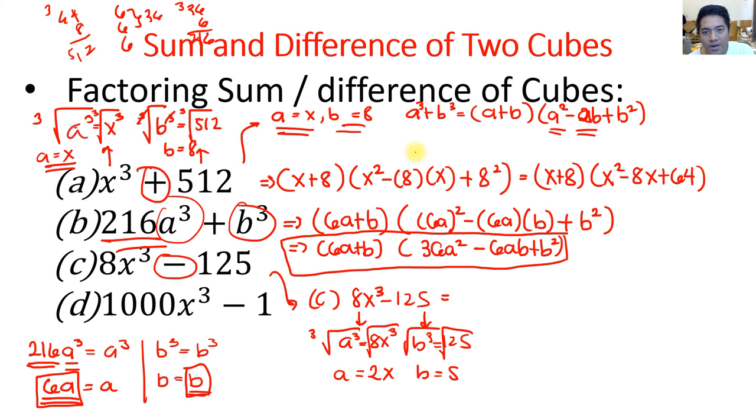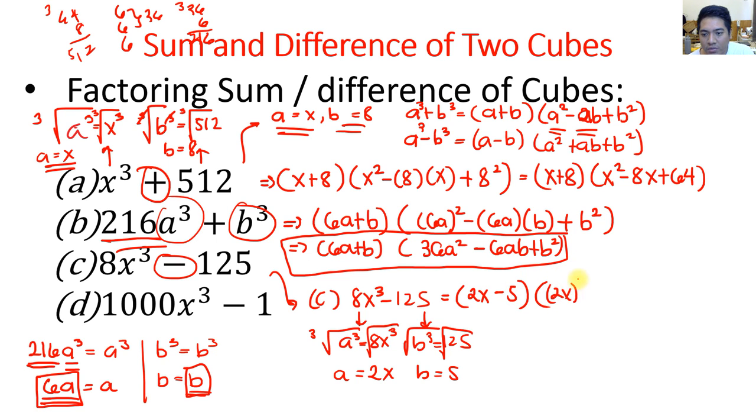Take note, this is a difference. For the difference formula, we have seen it: a cubed minus b cubed equals a minus b times a squared plus ab plus b squared. So we can rewrite a minus b as 2x minus 5. Then you have a squared, which is (2x) squared, plus the ab, which is 2x times 5, and then b squared would be 5 squared.